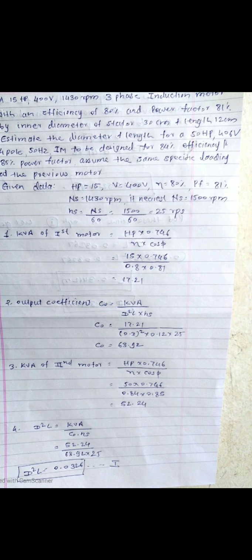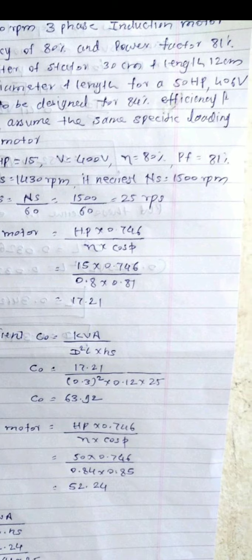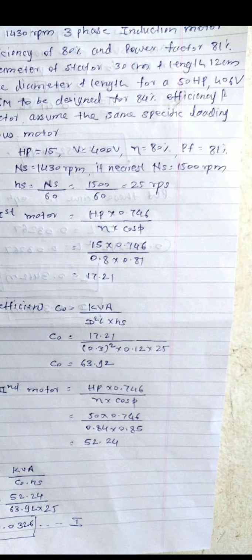From the example you should write the given data. HP is 15, voltage is 400 volt, efficiency is 80%, power factor is 81%, and speed is 1430. We take the nearest speed, 1500 rpm.